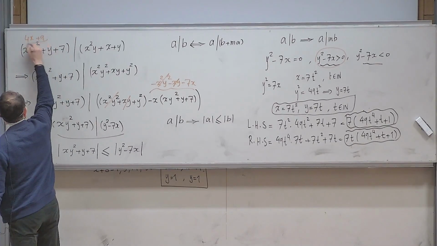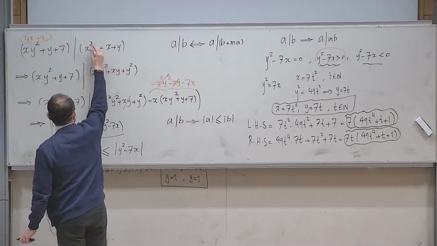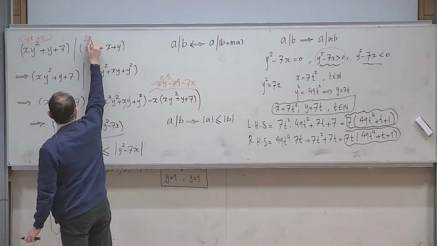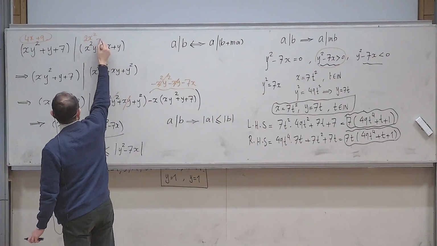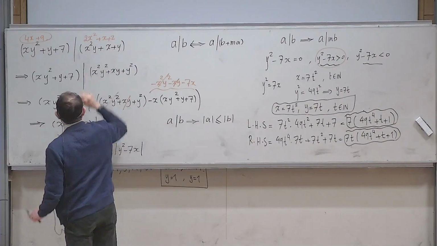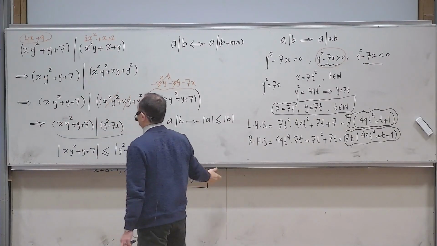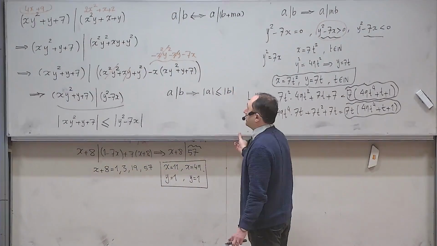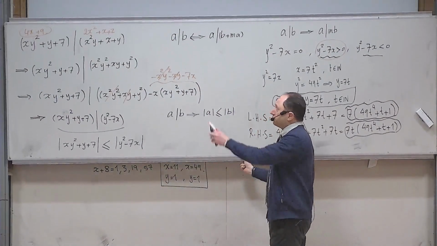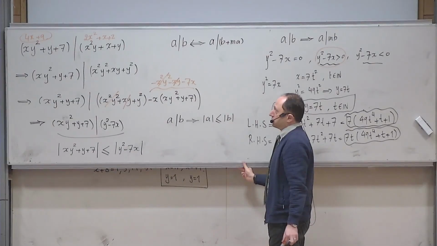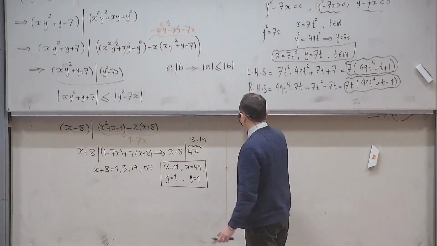So remember that. And here, it will be 2x squared plus x plus 2. Okay? So I will have 4x plus 9 dividing 2x squared plus x plus 2.